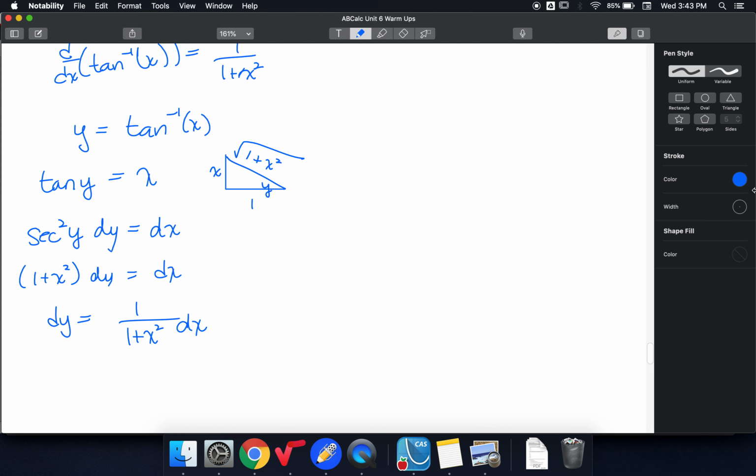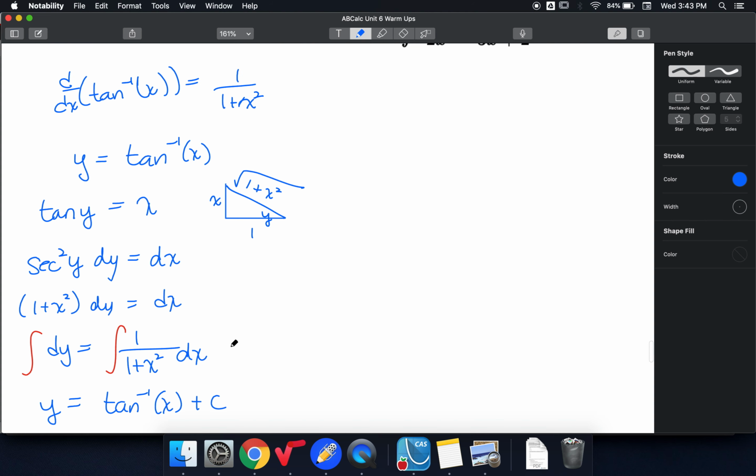So now if I integrate both sides, then I know that the function that has this as its derivative was tan inverse of x, and then I would have a plus c.